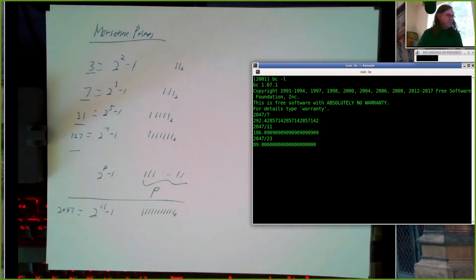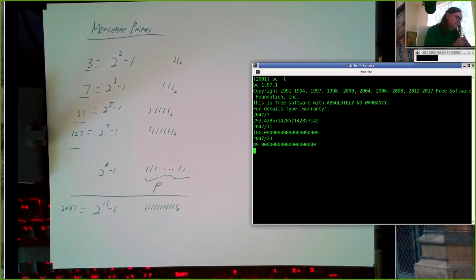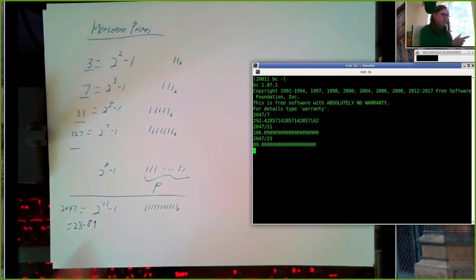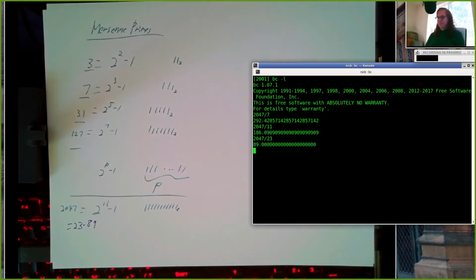So 23 times 89. So that kind of breaks the pattern. But nonetheless, these are really interesting numbers when they are prime.